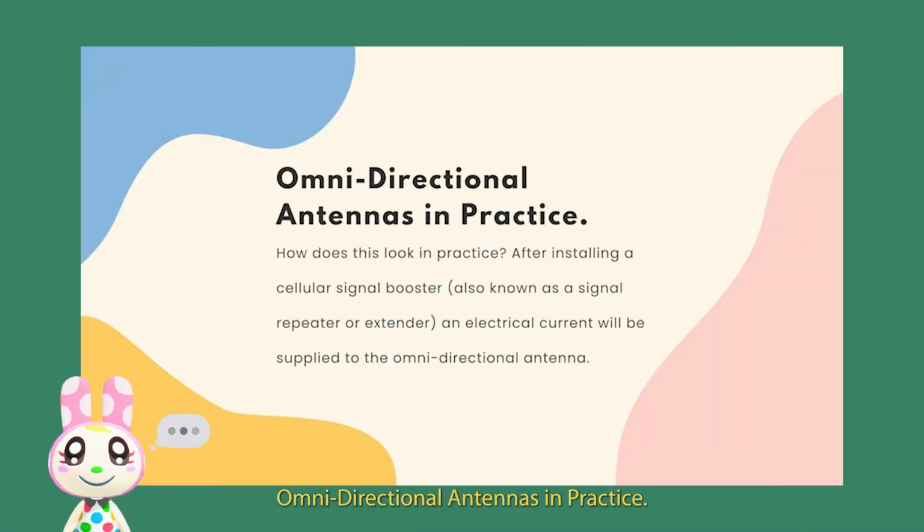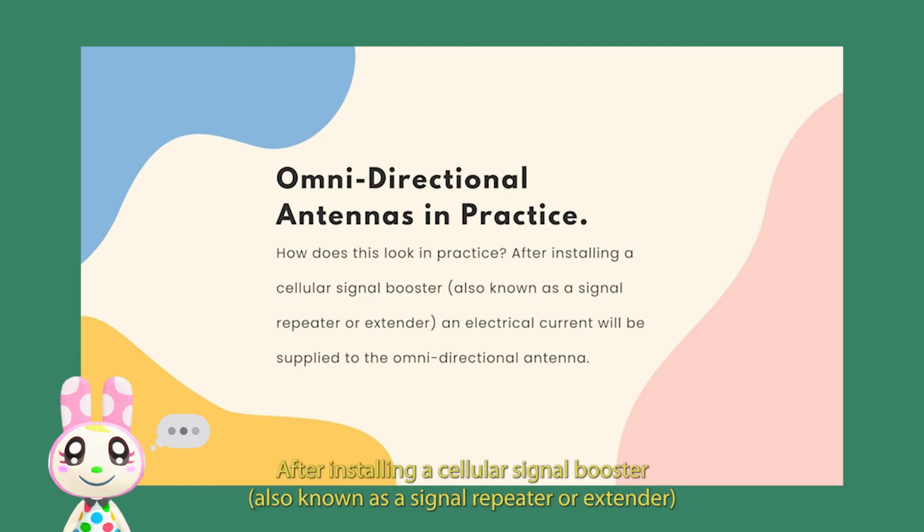Omnidirectional antennas in practice. How does this look in practice? After starting a cellular signal booster, an electrical current will be supplied to the omnidirectional antennas. The antenna's component will create an electromagnetic field around it.